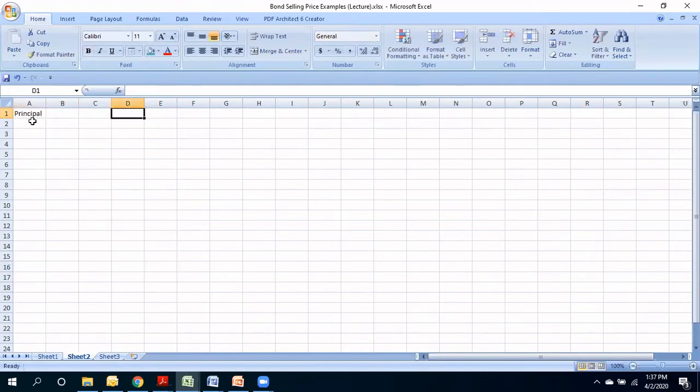So we're going to have principal of $100,000. Our interest rate is going to be 4%. And the term of the loan is going to be 30 years. Payments are going to be made monthly.